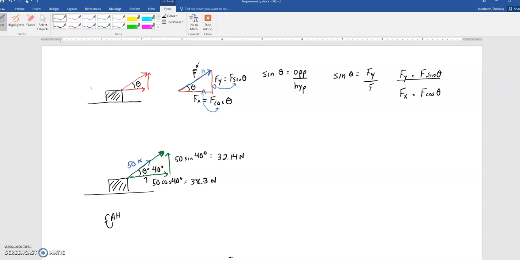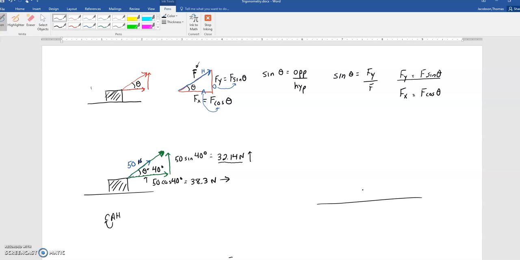So what that means is this person who's pushing up and to the right with 50 newtons, 32.14 newtons is pushing up, trying to lift that block up off the ground, and 38.3 newtons is pushing that to the right. Let's go ahead and do one more problem.